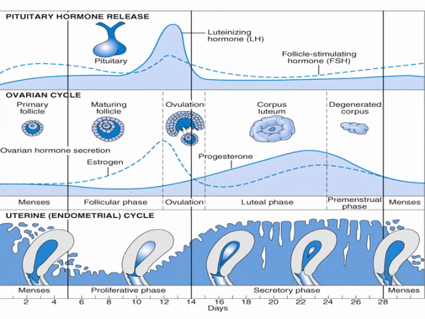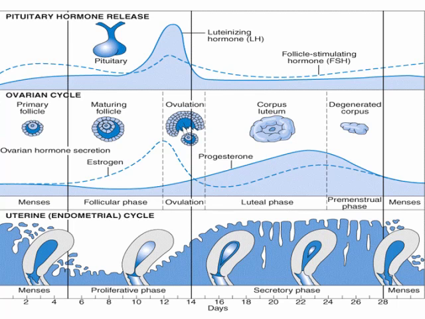This next slide here basically is really like three different slides if you look at it, because this shows you the relationship between the pituitary hormone release. Remember back to the endocrine system when we talked about how the pituitary gland released the luteinizing hormone and the follicle stimulating hormone in order to stimulate the ovaries to secrete estrogen and progesterone.